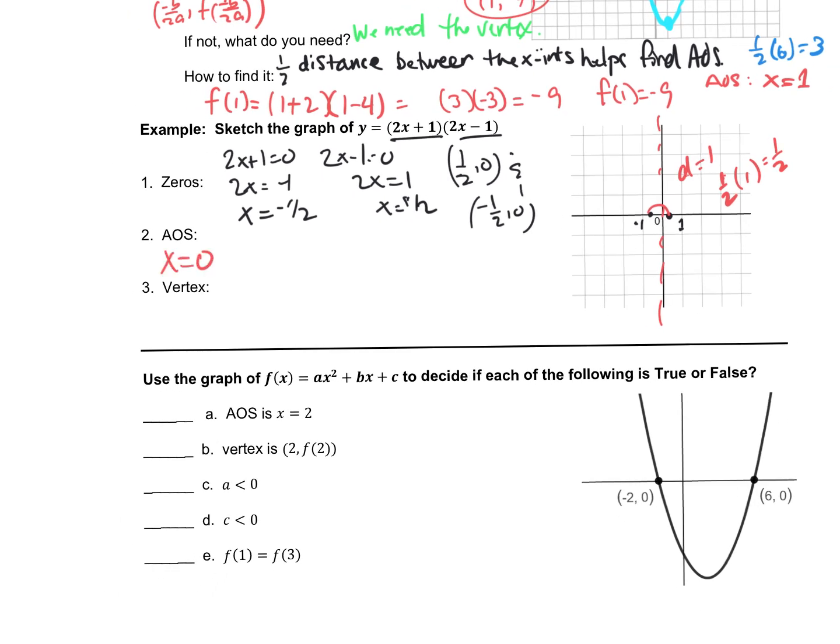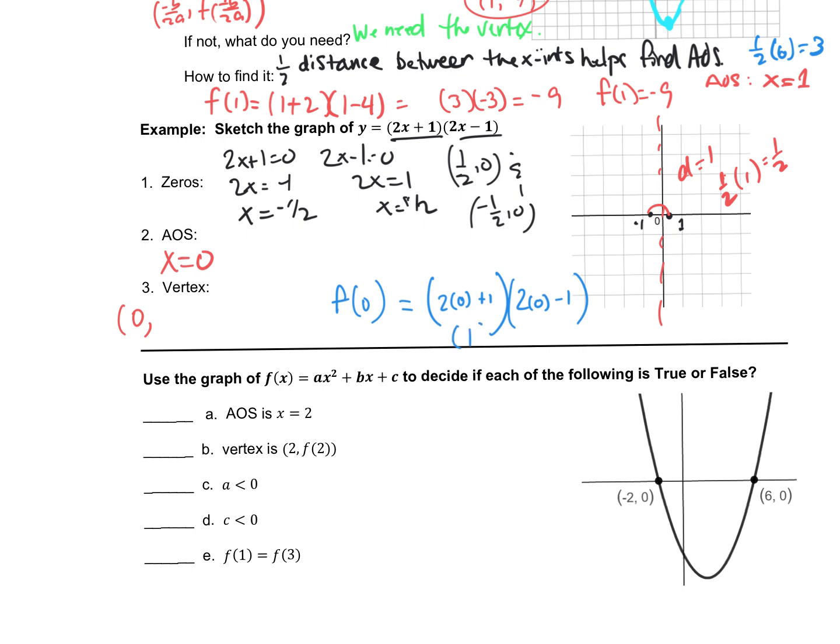Now to find the vertex, we have 0, comma, and in place of x, we're going to put f of 0. In place of x, we're going to put a 0, so I'm going to write f of 0 equals 2 times 0 plus 1, 2 times 0 minus 1.